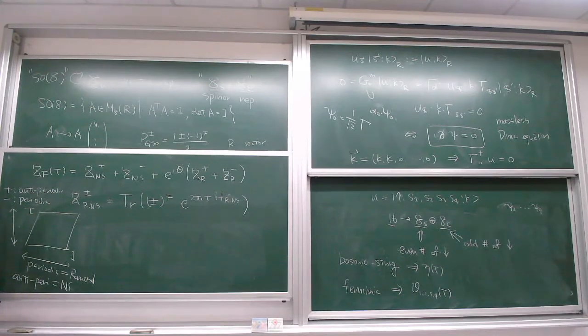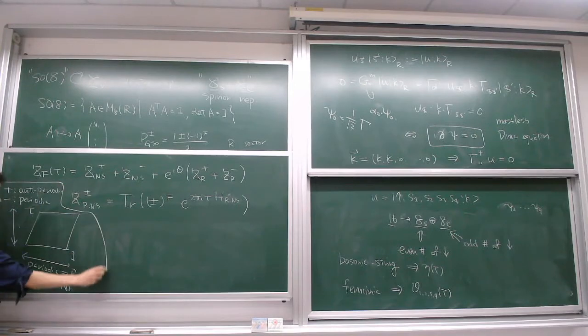So this is the boundary condition we will impose. If you have a circle, you have to specify either periodic or anti-periodic boundary condition for fermions.